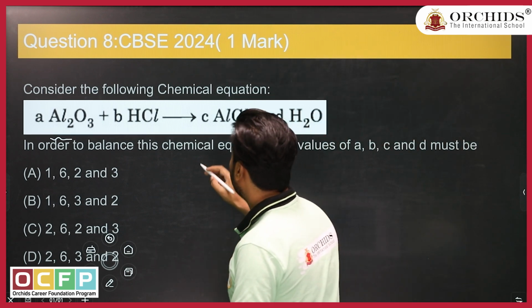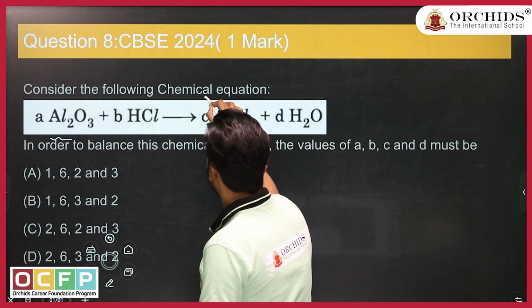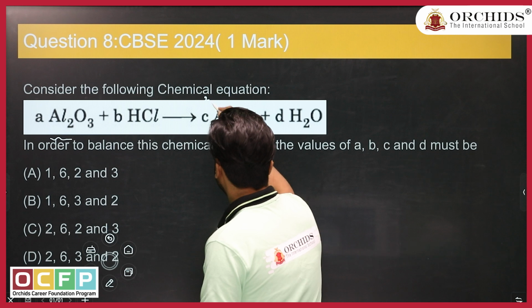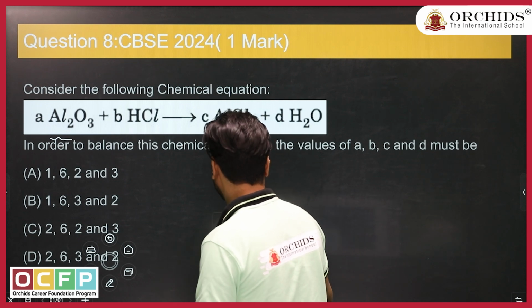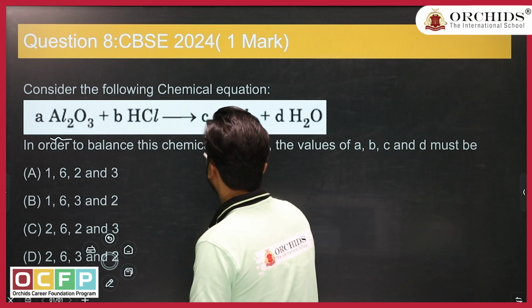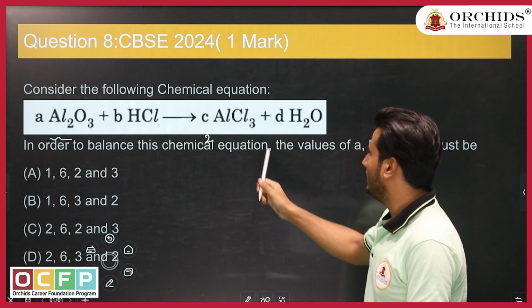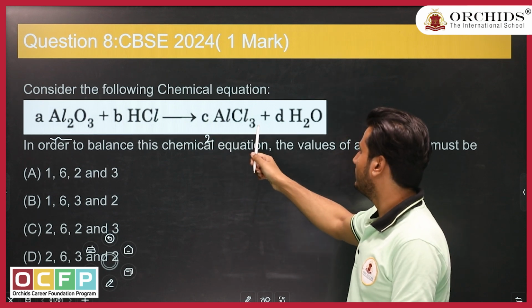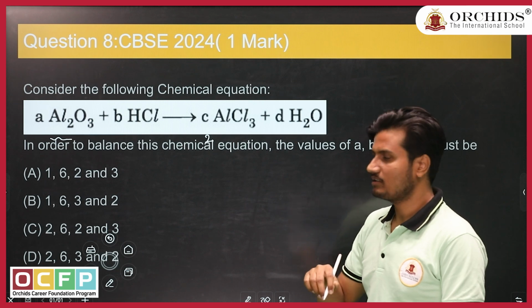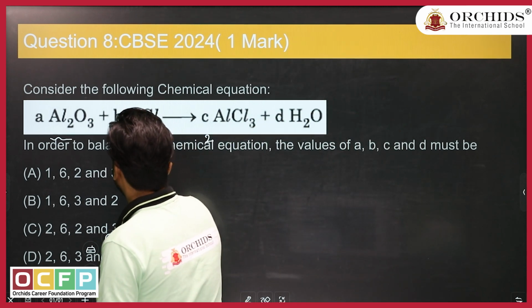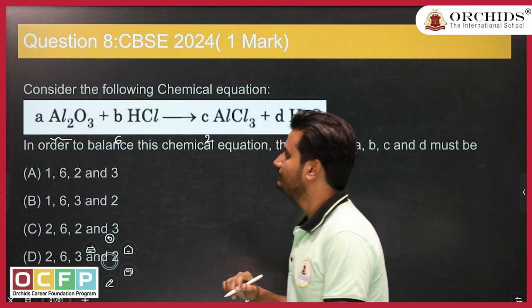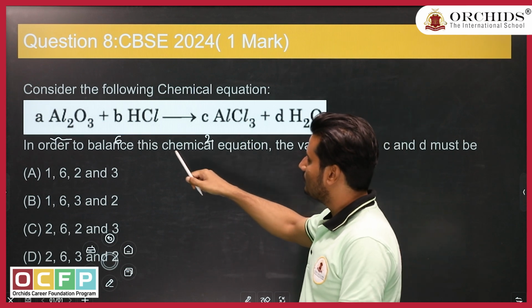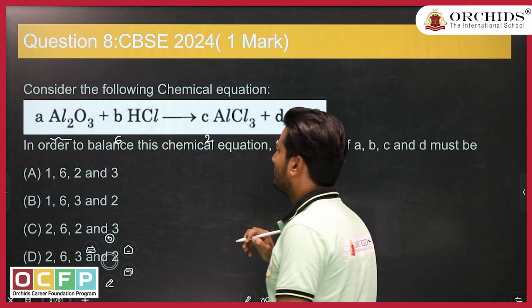So we can write the value of C as 2 over here. So aluminum is balanced, but what happened to chlorine when we add the value of C? Chlorine becomes 3 2s, 6. So we can write the value of B as 6. Now chlorine on the product side is 6, and on the reactant side is 6.